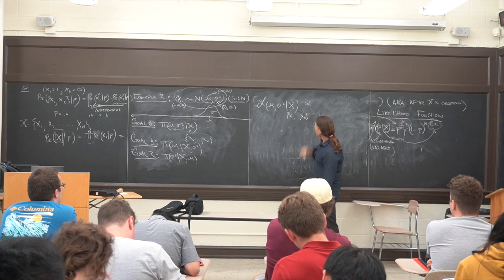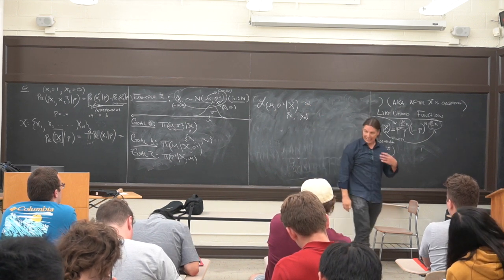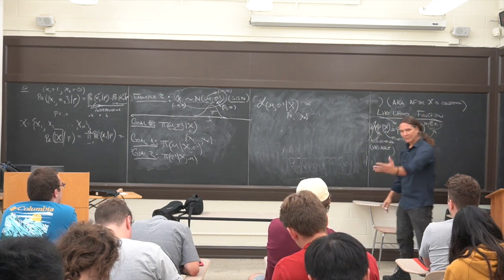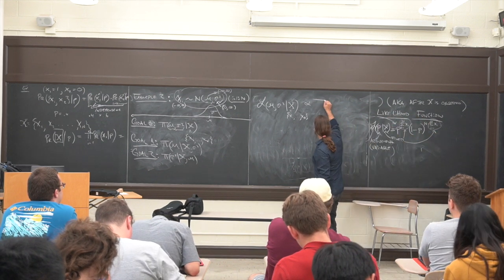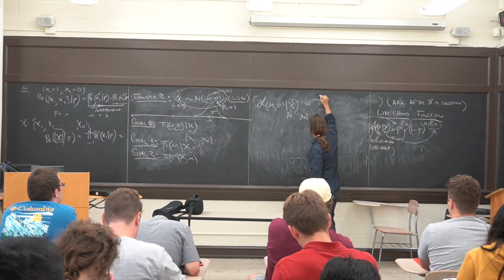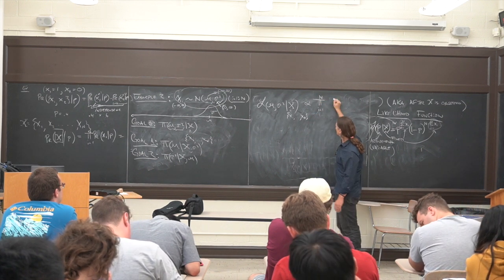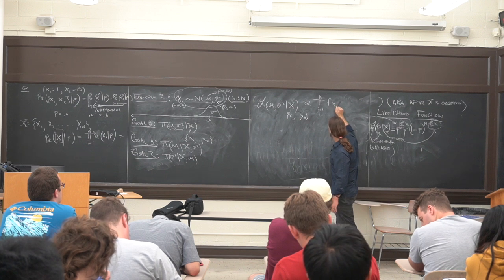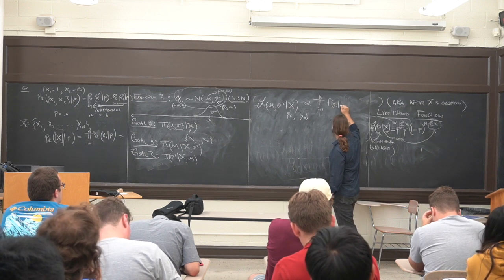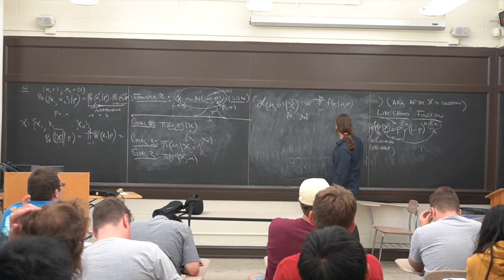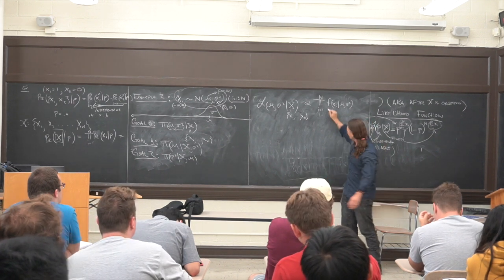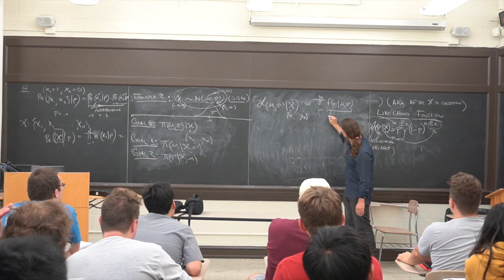So I'm going to write down my proportional sign, meaning I can multiply by any constant, and it's still the same likelihood function. And I've got some distribution right there. f of x given mu and sigma squared. And for a normal, I know what that looks like.